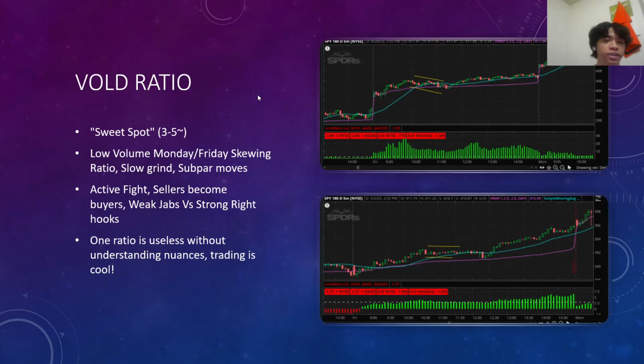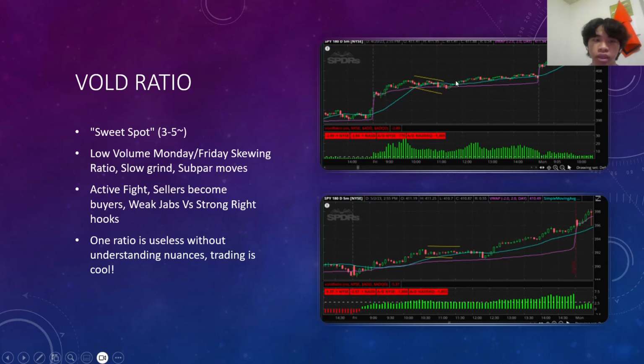But that's not always the case because a super high VOLD could just mean a low volume, like a low volume Monday or a low volume Friday, and that just skews the ratio. The reason why this is not optimal is because it just creates a slow grind and subpar moves compared to actual trending moves. As you see here, the VOLD ratio got up to 20 or even 30, but the move is just pretty subpar. It's not what you would want.